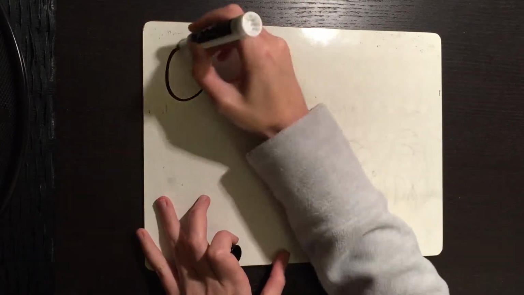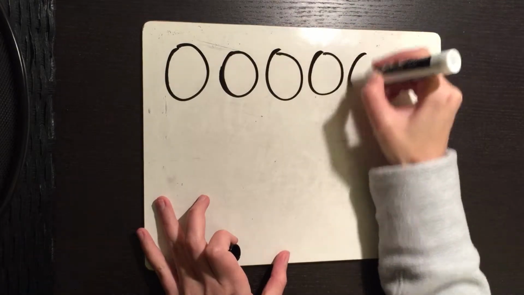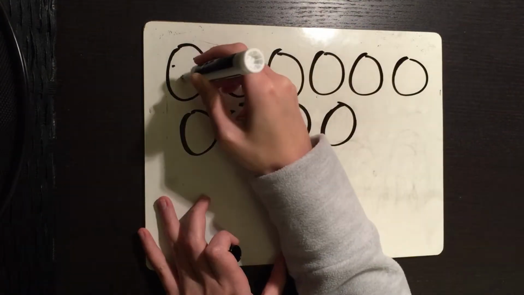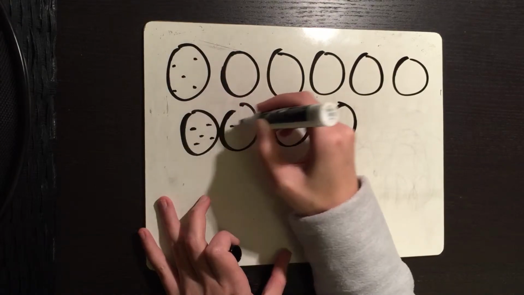So I could simply draw 10 circles and put 5 blueberries in each.